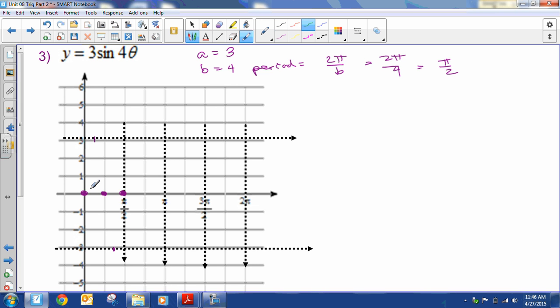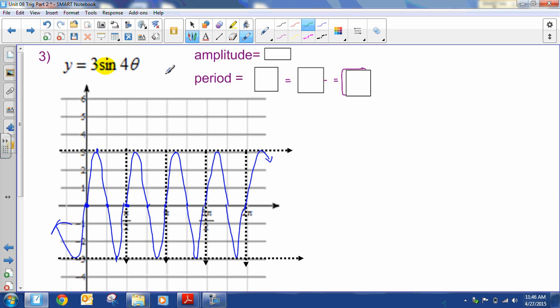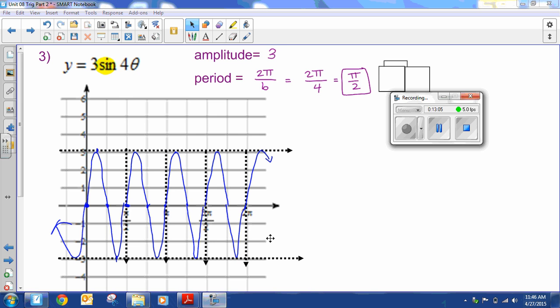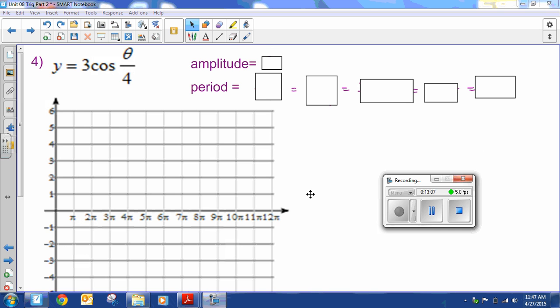So to tie this all together, it's kind of a crazy looking graph, but it kind of looks like this. There we go. And here's the completed version with some neater handwriting. So as you can see, we fit 1, 2, 3, 4 complete cycles in the space that we would have normally fit 1.